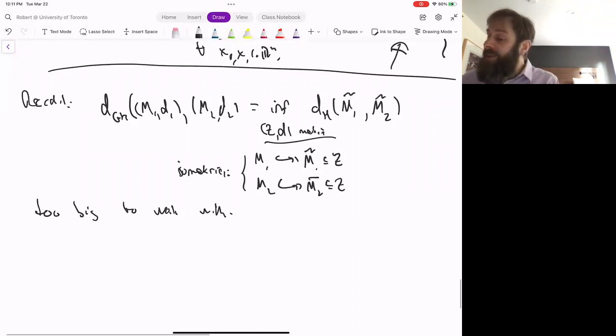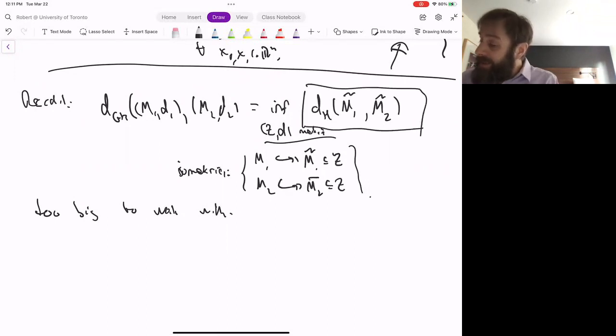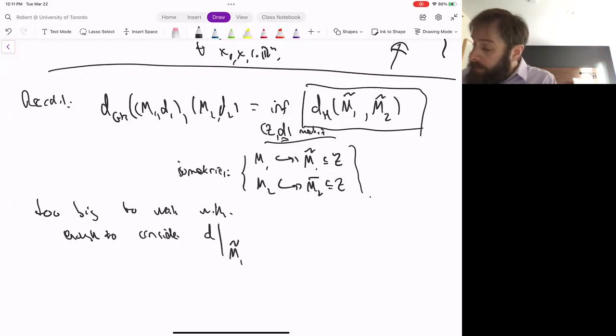But on the other hand, for any one of these isometric embeddings, in order to define this, all you really care about is how the distance D is behaving on the union of these two sets. It's enough to consider D restricted to M1 union M2.